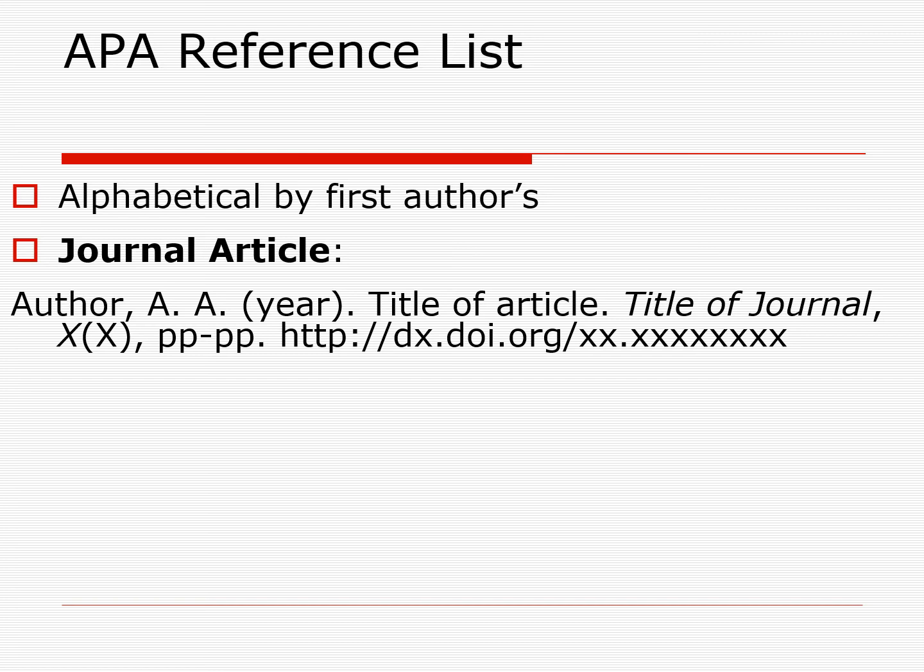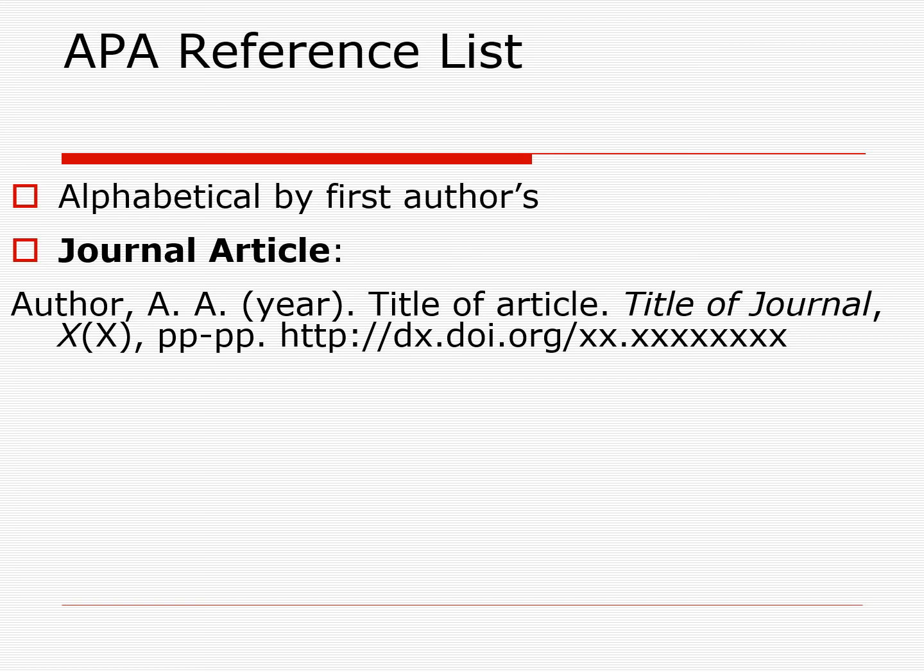The title of the journal is italicized, comma. Then we have the two X's, which are the volume number and the issue number. Sometimes there is no issue number, so that might just be a single number, but the volume number is outside of parentheses, and that is italicized with no space directly next to the issue number in parentheses, comma, and then we have the page range, which is represented by the double P's there.